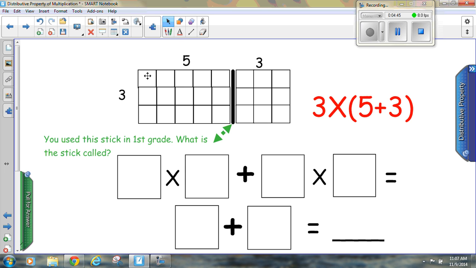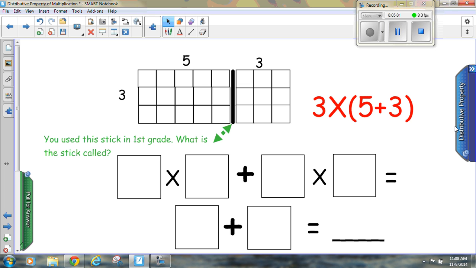We have 1, 2, 3, 4, 5 columns here on the left of the break apart stick, and 1, 2, 3 columns to the right of the break apart stick.